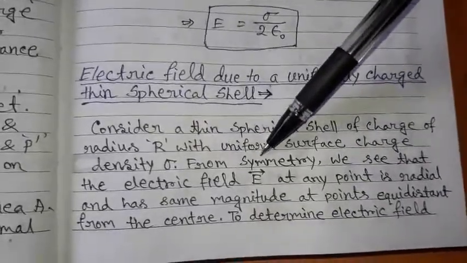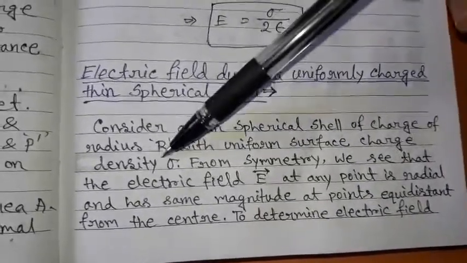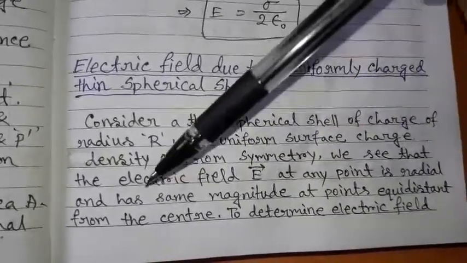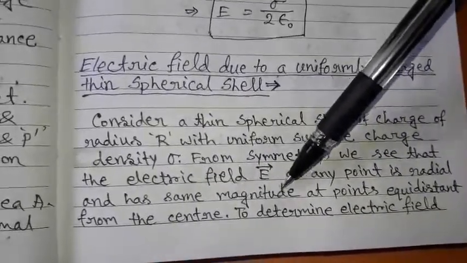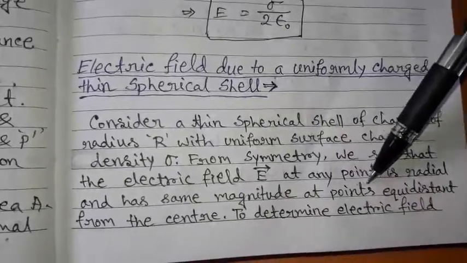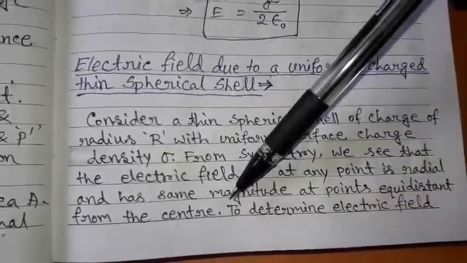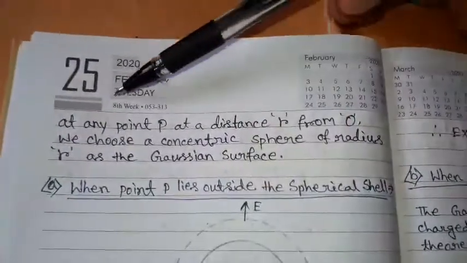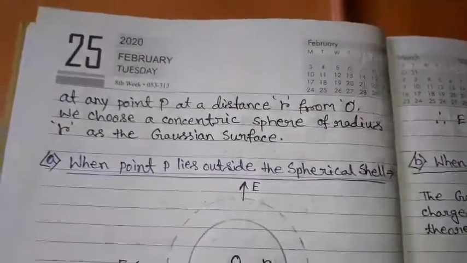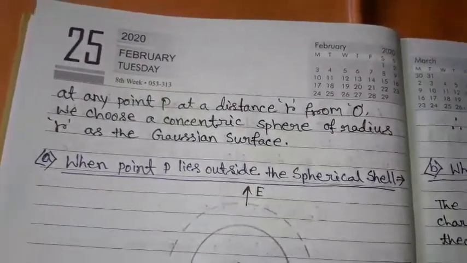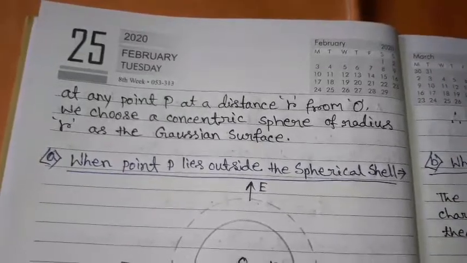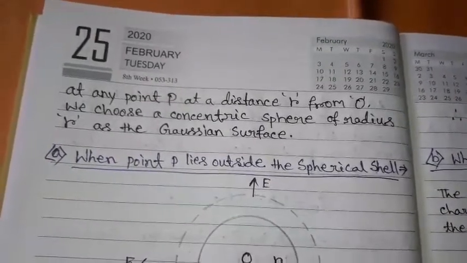From symmetry, we see that the electric field E at any point is radial and has same magnitude at points equidistant from the center. To determine electric field at any point P at a distance r from O, we choose a concentric sphere of radius small r as the Gaussian surface.